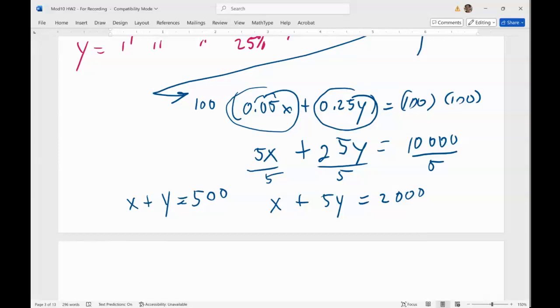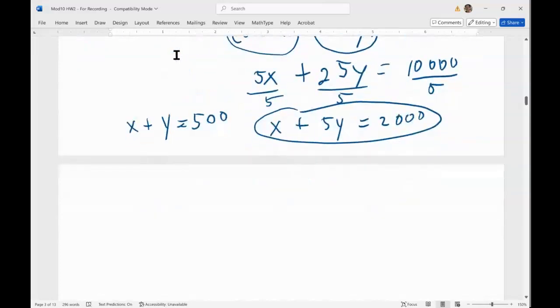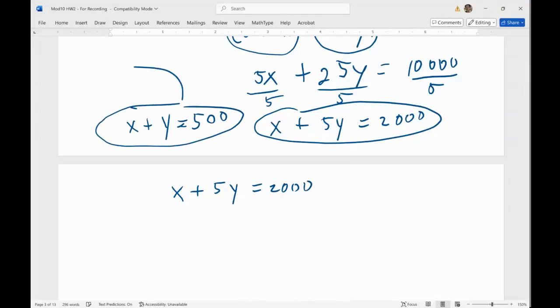And then we're going to solve this system of equations. I will do that by copying this one down. That's going to give me x plus 5y equals 2,000. I'm going to take this one and multiply it by -1. That's going to make it negative x minus y equals negative 500.